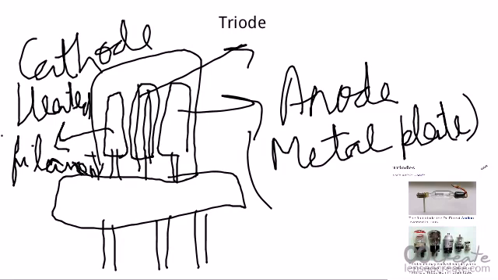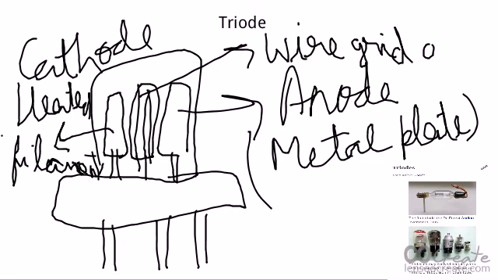And this is our new electrode, which is the wire grid or control grid. A triode is also shown on the right hand side.